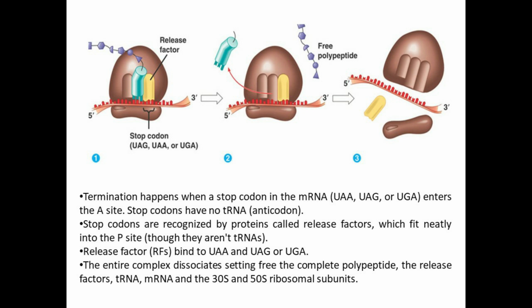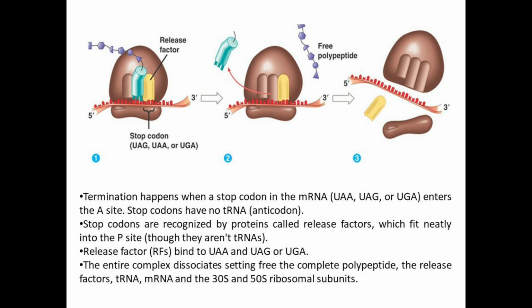Just as we mentioned before, the elongation process continues and finally an instance is reached when the ribosome moves forward along the mRNA and reaches the stop codon on the mRNA at a position where the A site is facing the termination codon or the stop codon.